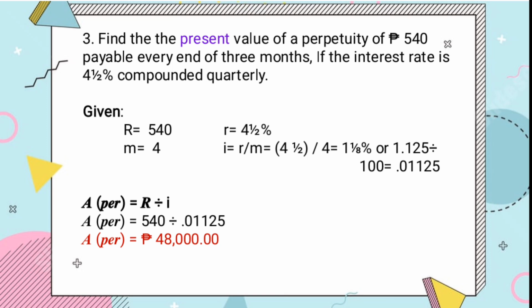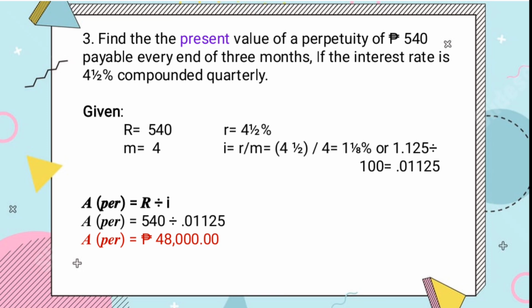Okay, given R is 540. Then your M is 4. Why 4? Because it is compounded quarterly. The rate is 4.5%. To get the I, you need to divide the R by M. So, 4.5% divided by 4, the answer would be 1.125%. What you put in your solution is not the percent form but the decimal form.